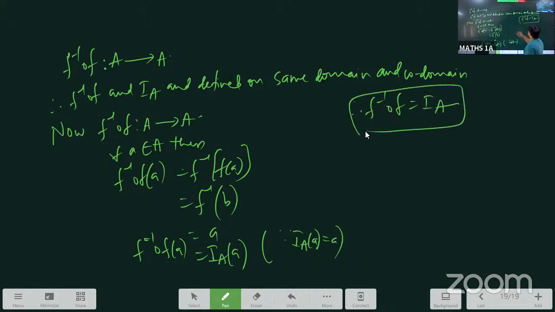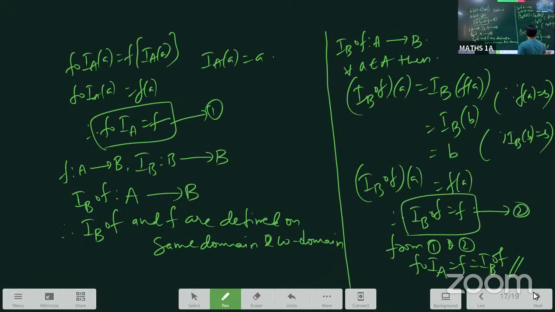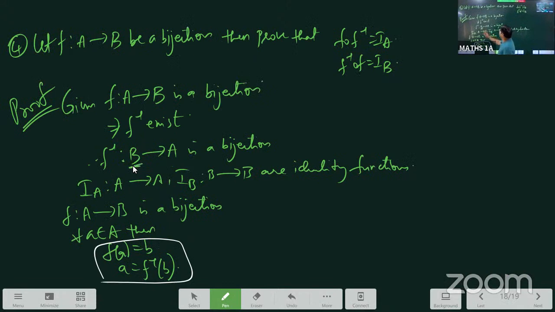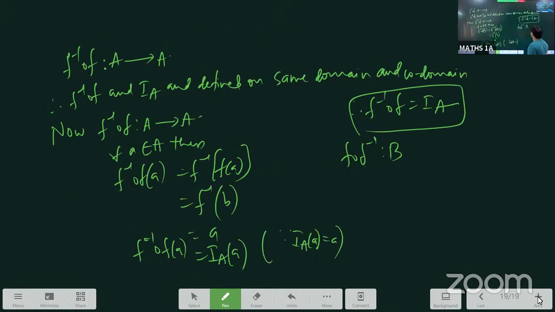I proved one part. Next, what I have to show is F circle F inverse. But first, let us define this function from which set to which set. F circle F inverse is a composite function. For the second function, F inverse, the domain is B, and it maps to F's codomain, which is again B. Right?